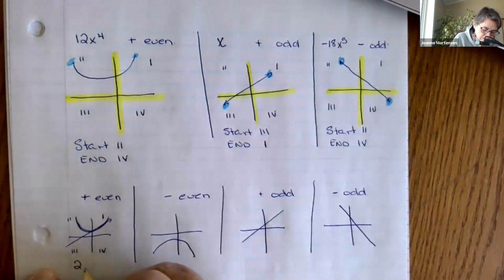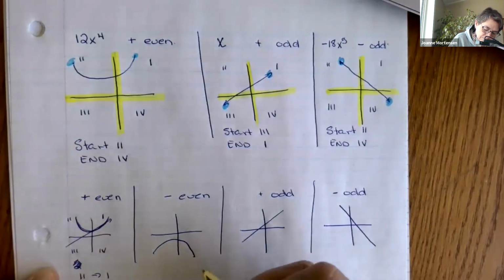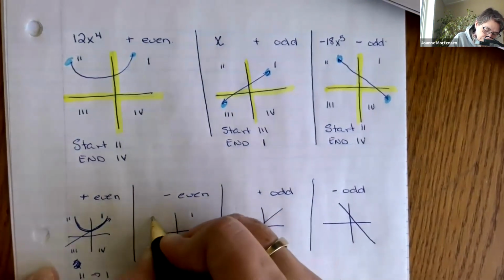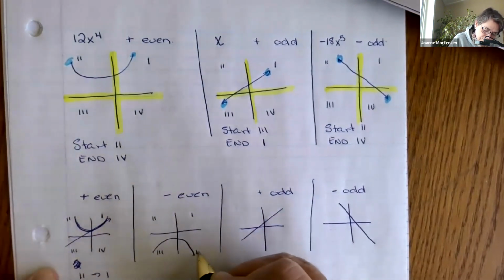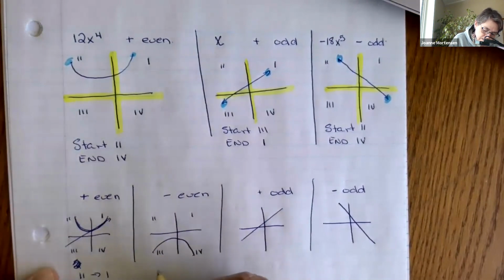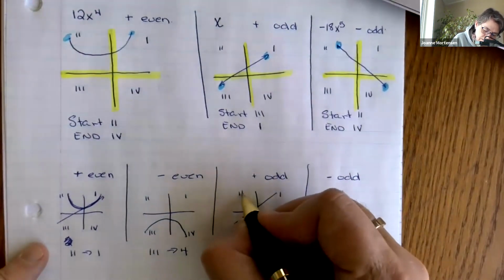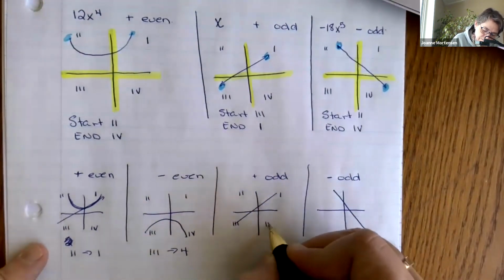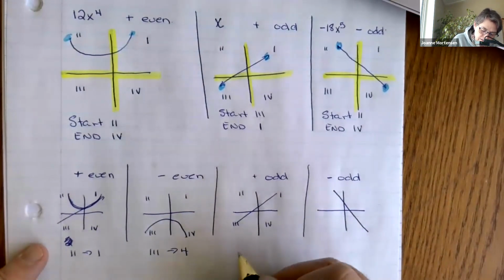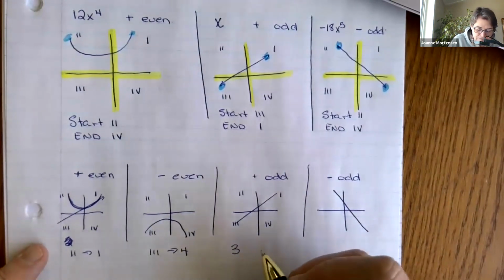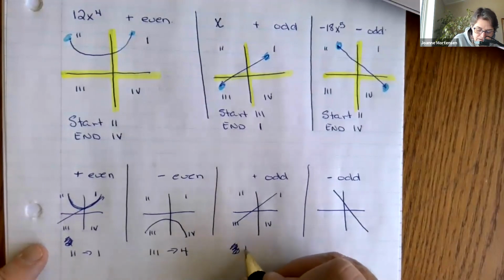So this is 2 to 1. This is 3 to 4. Let's see, this is, well, I'm doing it again. 3.